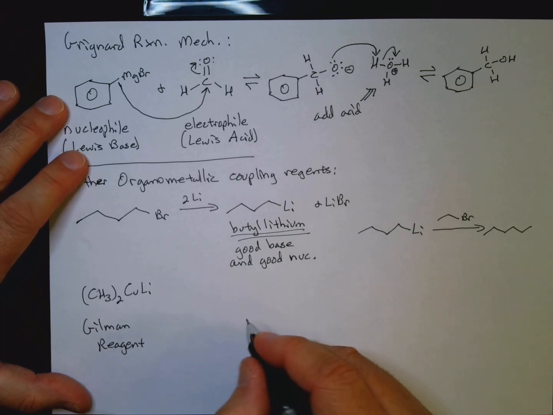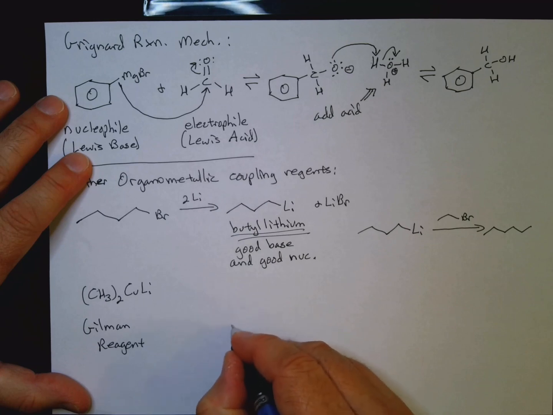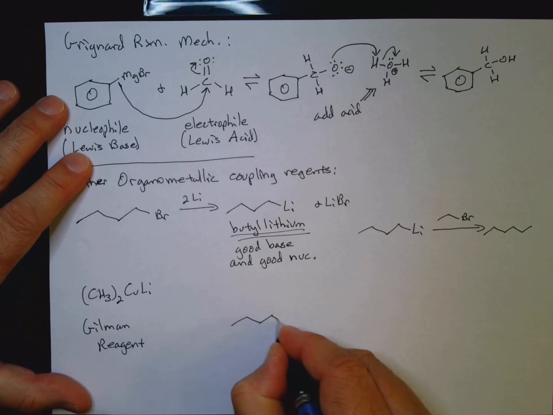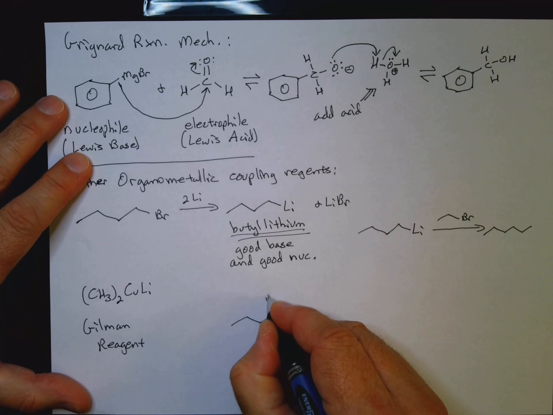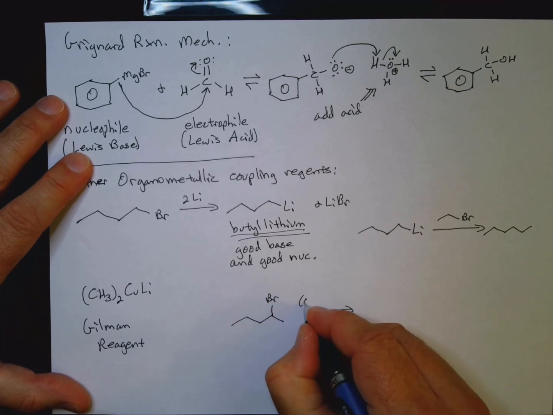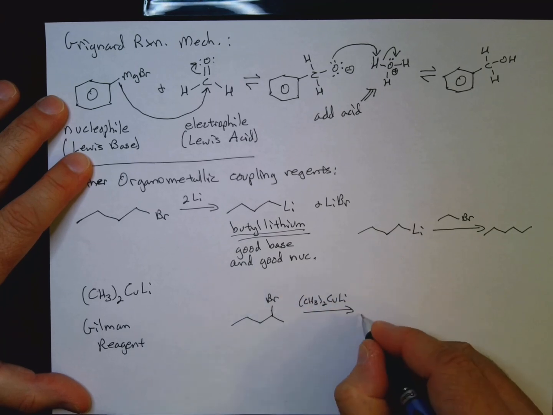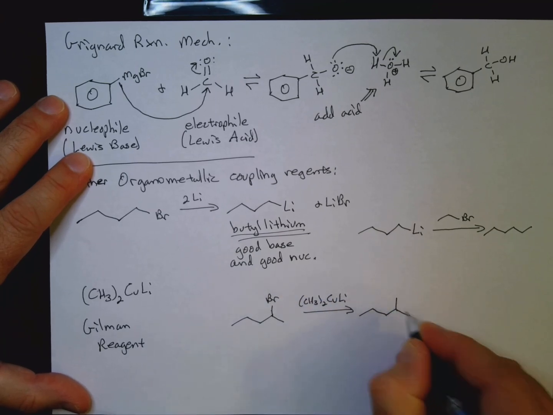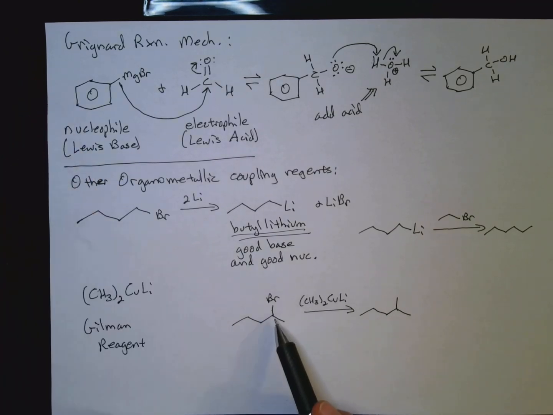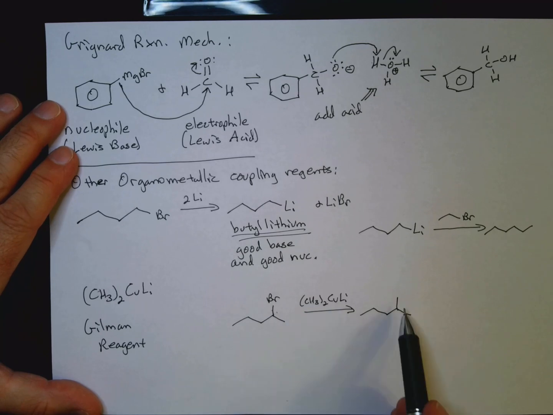We could react, I don't know, 2-bromopentane with our methyl Gilman reagent, and get now a methyl where there was a bromine.